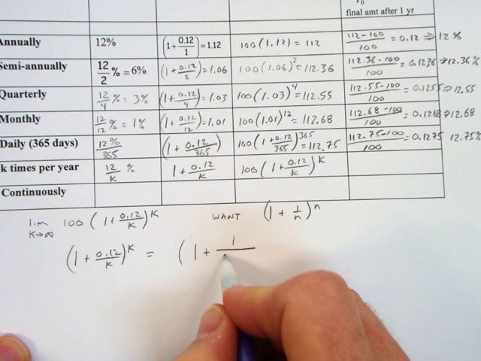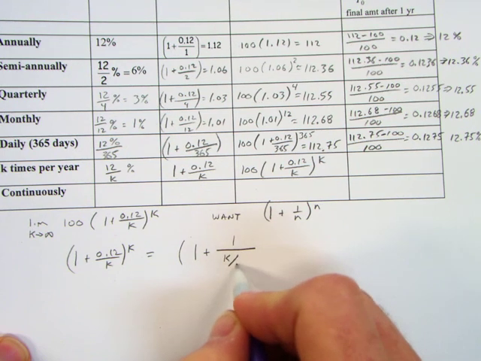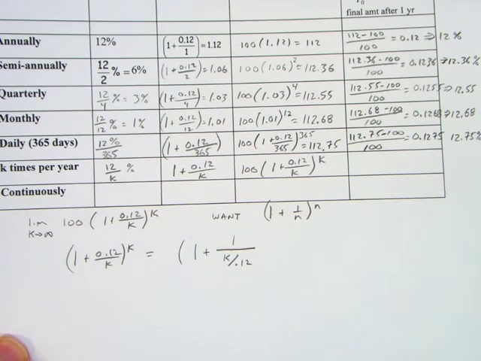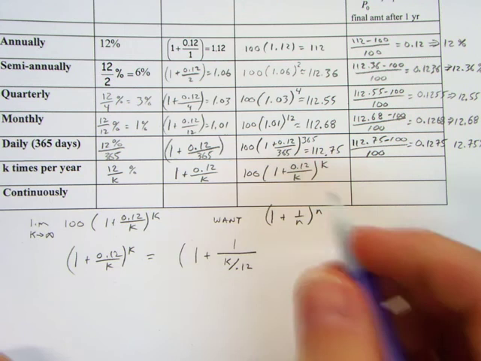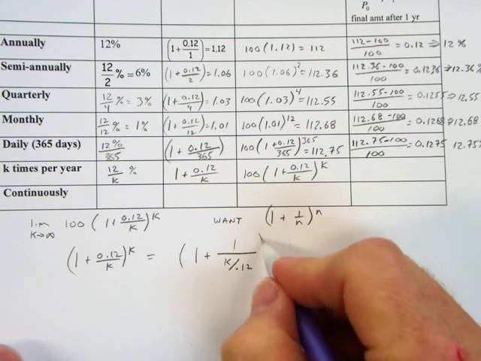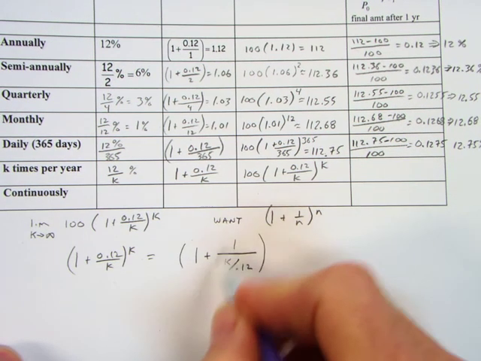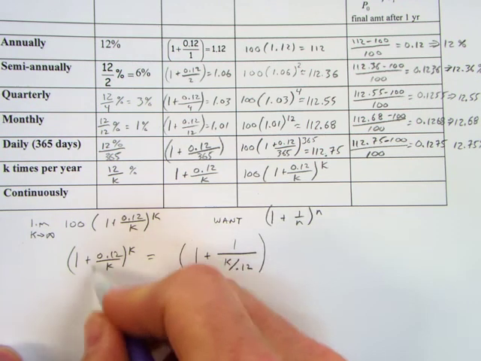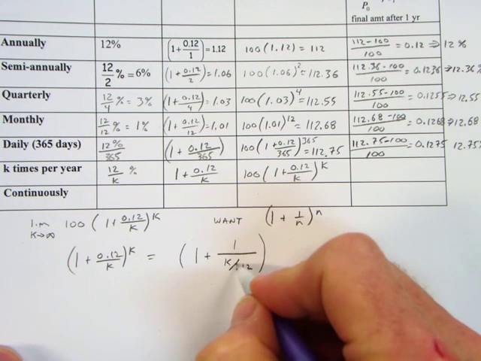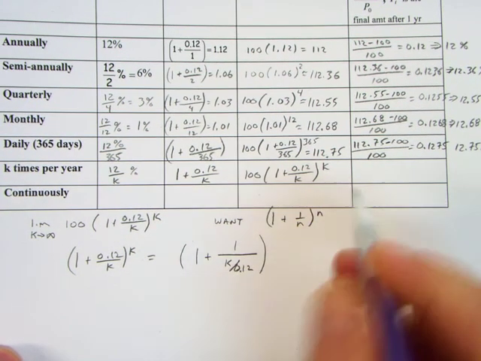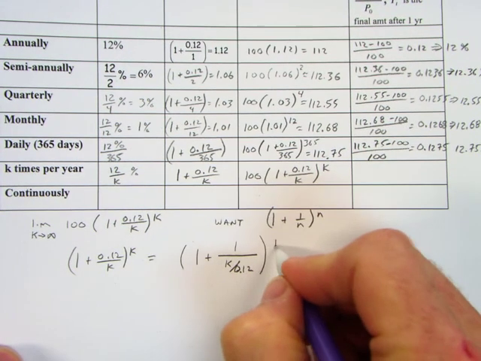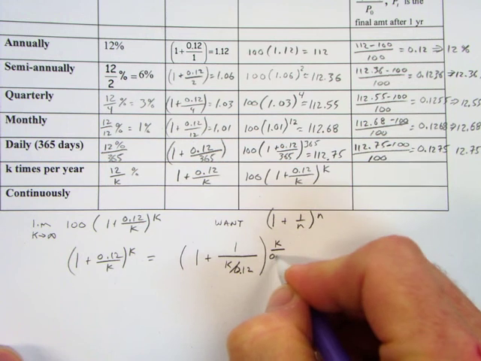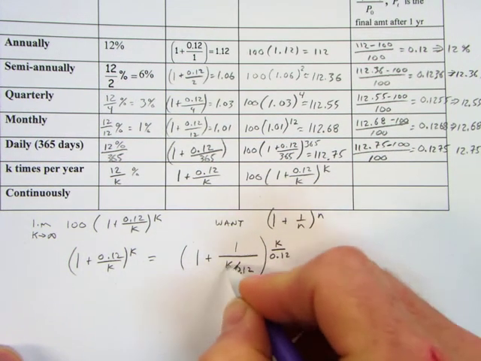Because reciprocal is flipping a fraction, and if you find the reciprocal again, you flip it again, you come back to the original fraction. So this fraction is equivalent to the original one. We put 0.12. Now what we need to do is have this exponent the exact same thing. So for right this moment, I'm just going to write it in there. We want k over 0.12 and k over 0.12 as our exponent.